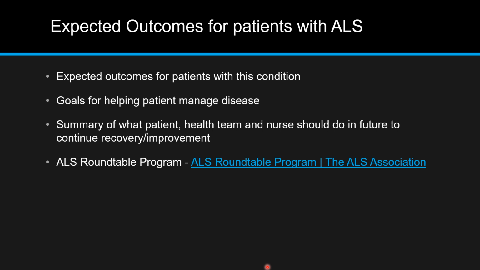Goals for managing the disease. A multidisciplinary approach to care would benefit patients with ALS. Multidisciplinary care is essential for these patients. It involves medical practitioners in neurology, respiratory, gastroenterology, rehab, palliative care, and allied healthcare professionals in physiotherapy, occupational therapy, speech and language pathology, nutrition, and social work.